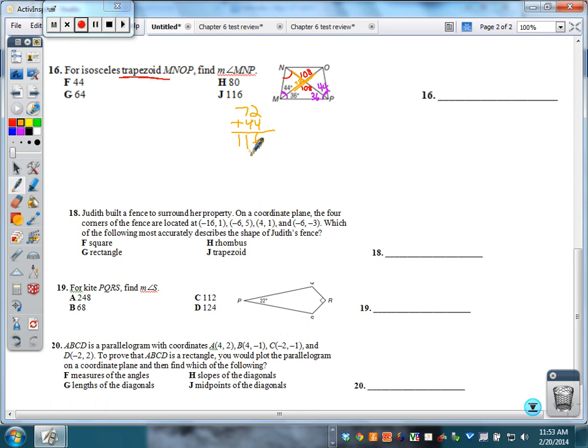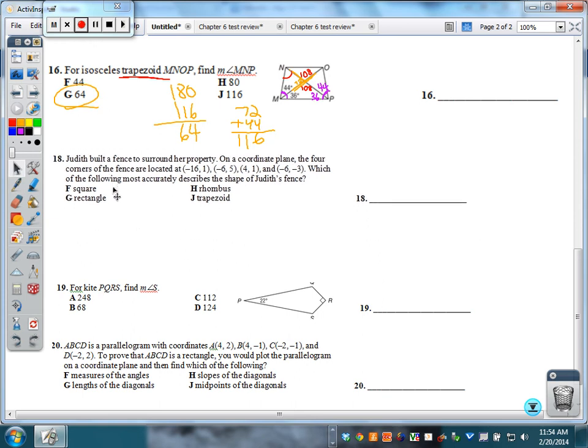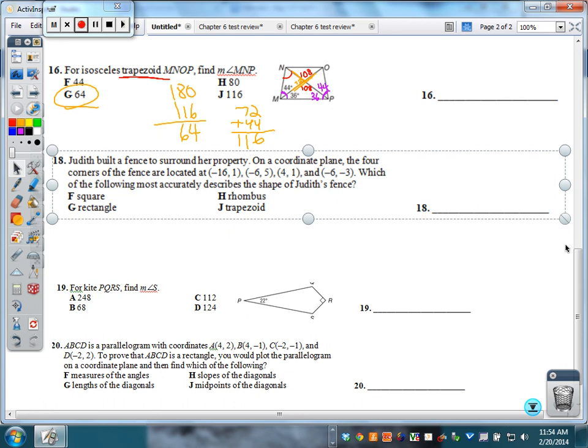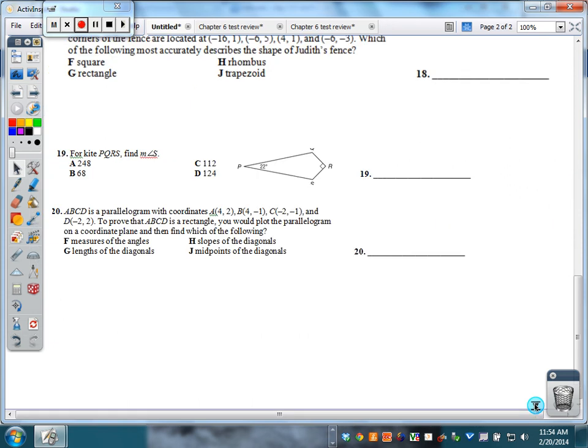So I take that 116 and subtract it from 180, which is the total angle sum of the triangle, and we have 64. So it's going to be G. Right. And some of you may have different ways of going about this, and that's fine. There's a number of different ways that we can find these answers sometimes.